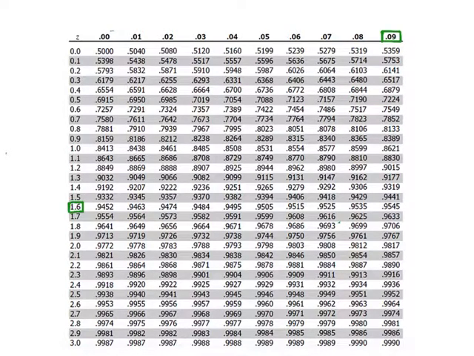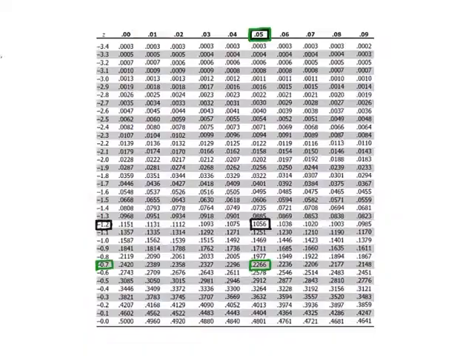We go and find that value, 0.9545. And we also have 0.54, which will give us 0.7054. So 0.9545, 0.7054.